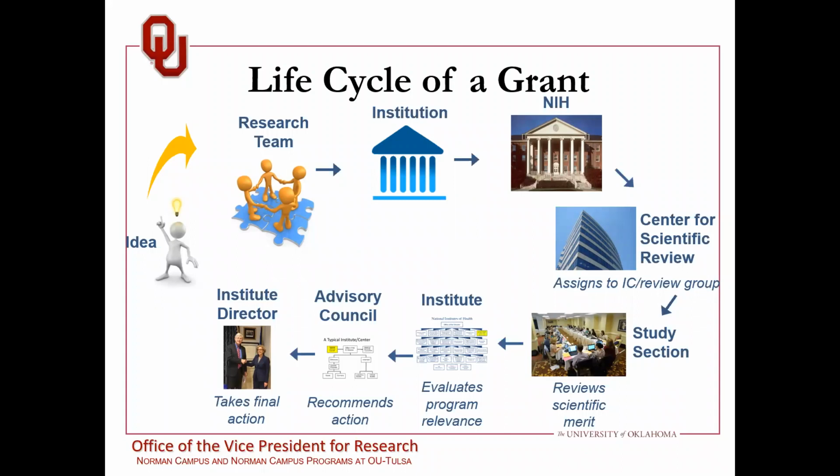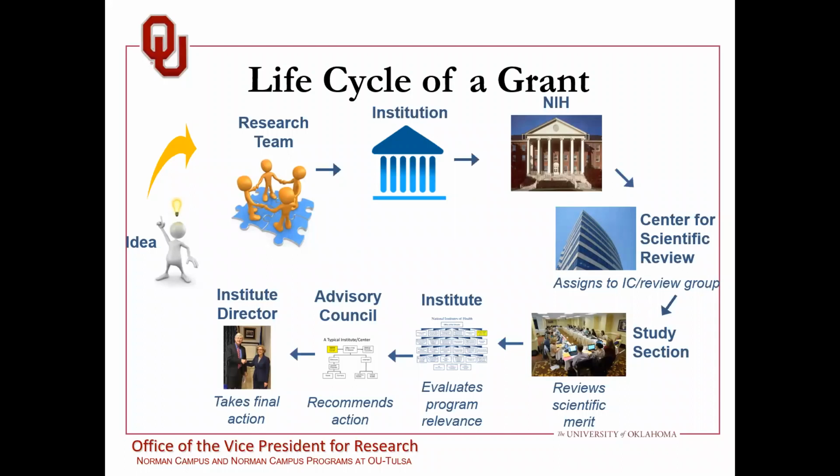So you have to find the institute or institutes within NIH that you want to develop relationships with that you think would possibly fund the type of research that you want to do. When you submit your proposal in, it goes into the institute or solicitation that you're submitting to at NIH, and then the Center for Scientific Review assigns it to a study group. And we'll mention a little bit later, there's a way that you can help influence the study group that it's going to be assigned to.